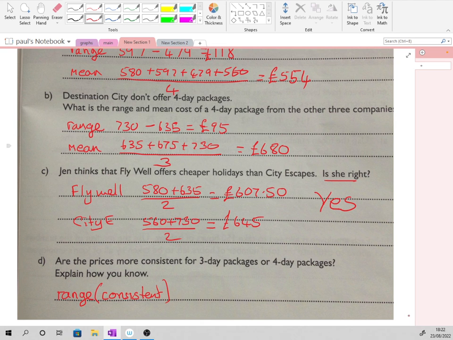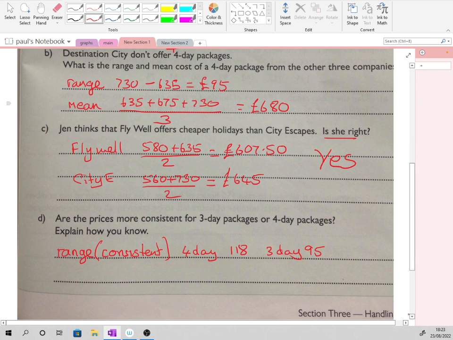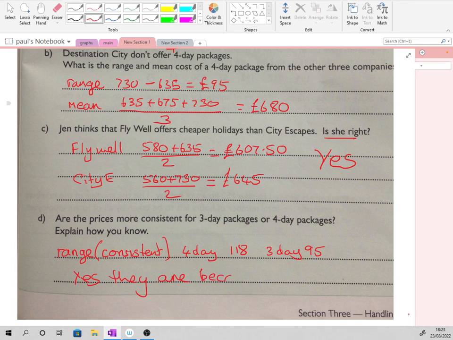So the range of the 4-day holiday is 118 and the 3-day is 95. So are the prices more consistent for 3-day than for 4-day? Yes, they are, because the range is smaller.